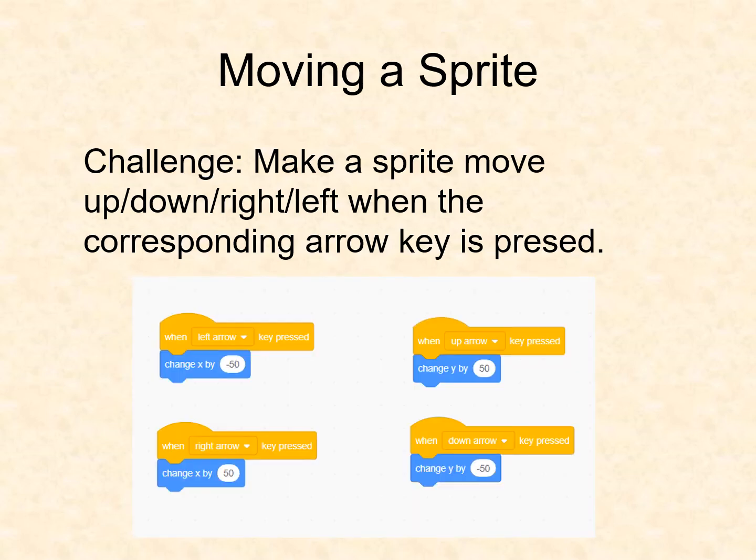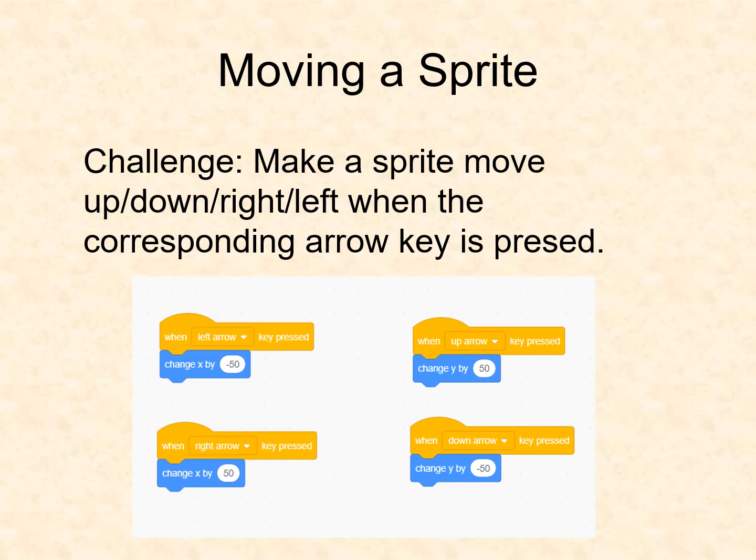Ultimately, it's going to look like this. When the left arrow key is pressed, change the X by -50. And if the right arrow is pressed, we'll go +50. When the up arrow, now we're looking at the Y-axis, is pressed to go up, it'll be +50, and it'll be -50 when we want the sprite to go down.